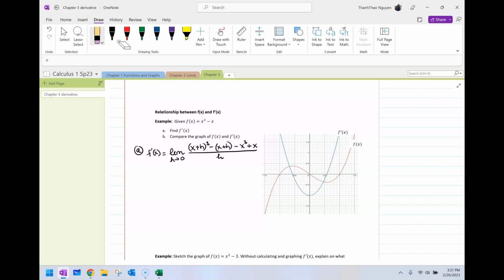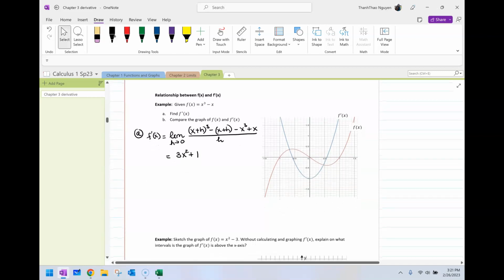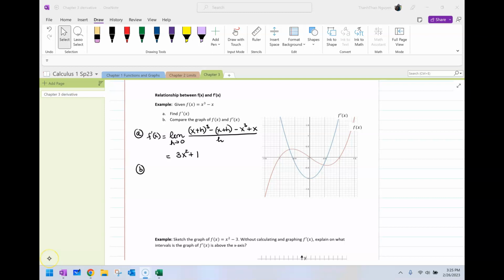When you simplify this, you should get 3x squared minus 1. Okay. Now, let's take a look at the graph of f of x, and f prime of x is already given. So let's first take a look at f of x.